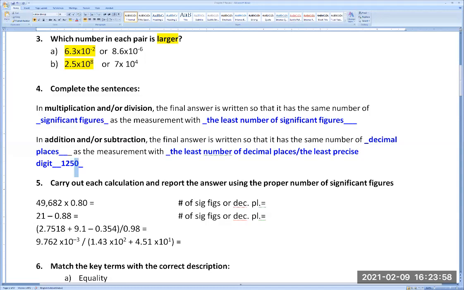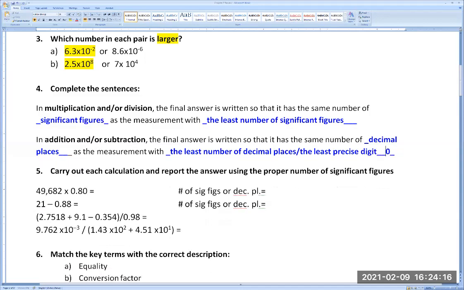The 0 is not significant, and so the 5 is the least precise digit. That means you would need to round to the 10, because the 50 here is to the 10th place. It's easier to understand with the number of decimal places, so we'll practice that here.